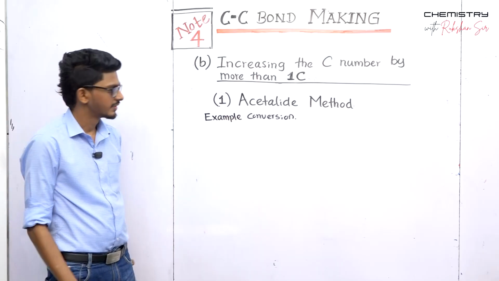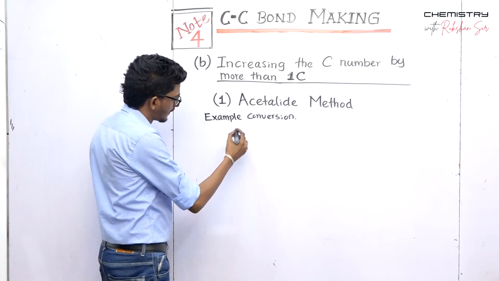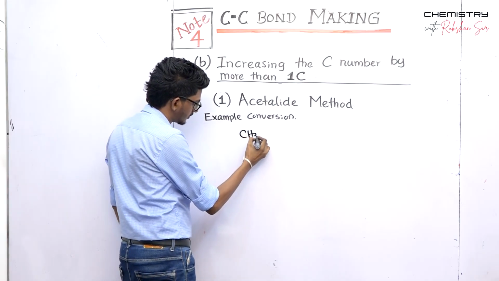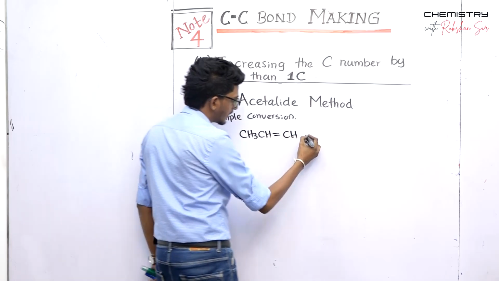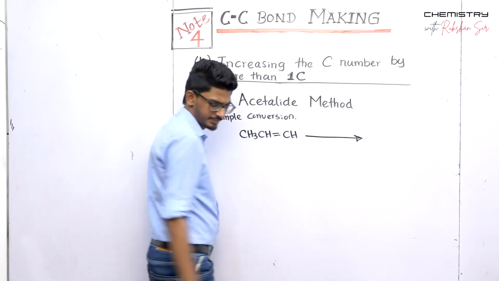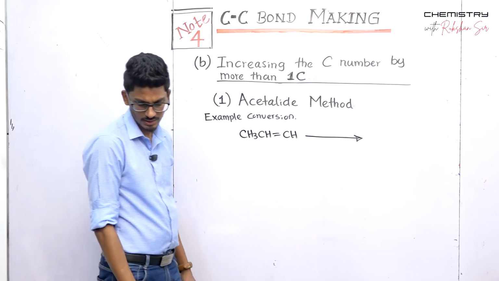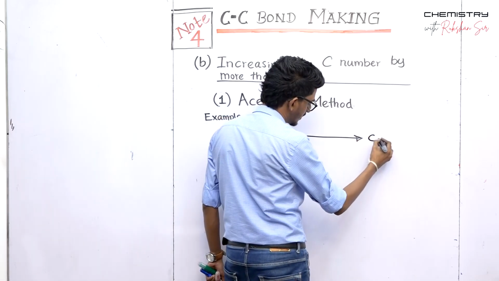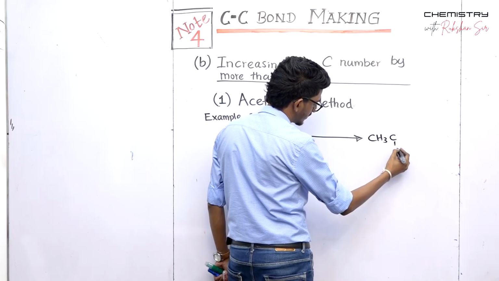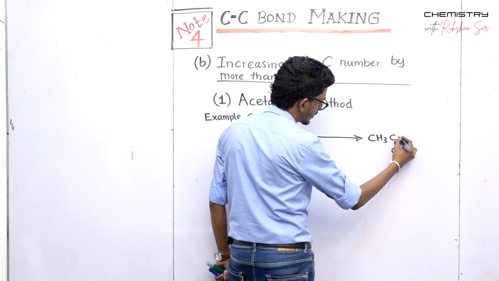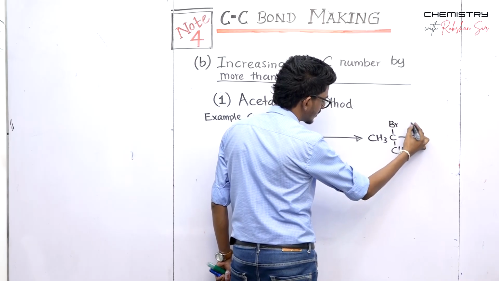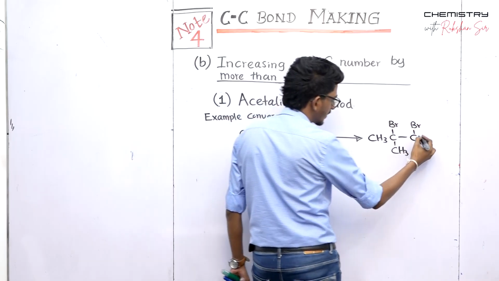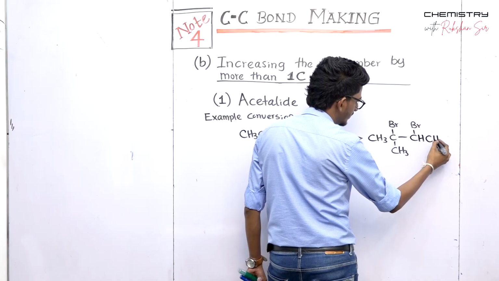Let's try to do this conversion using the acetylide method. See, the same conversion which we have done using the Grignard technique. Let's do the same thing with the use of the acetylide method as well.